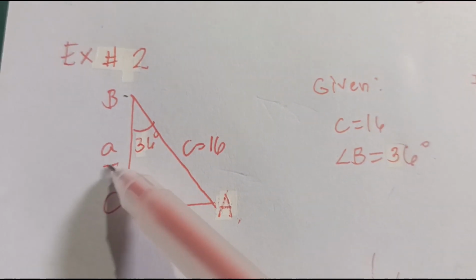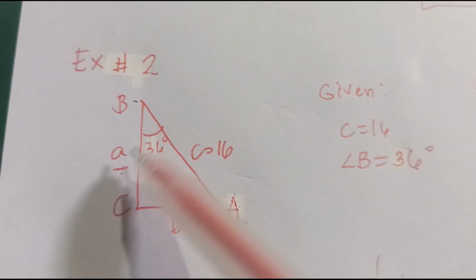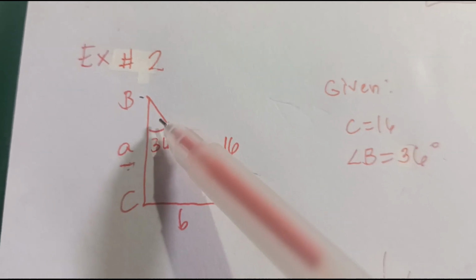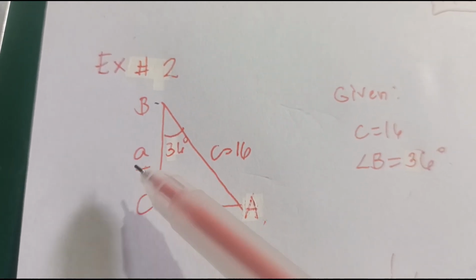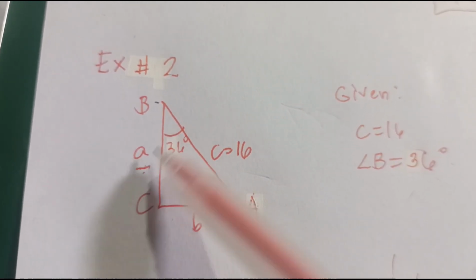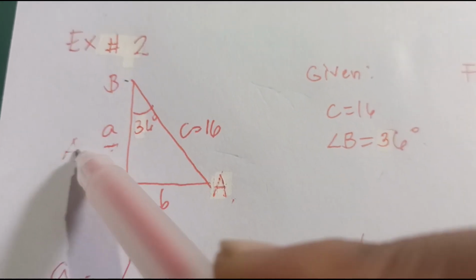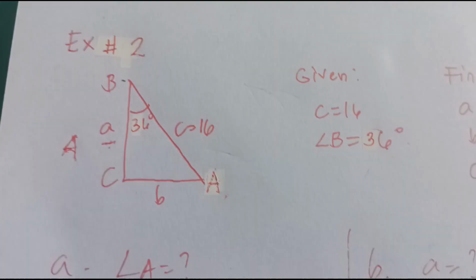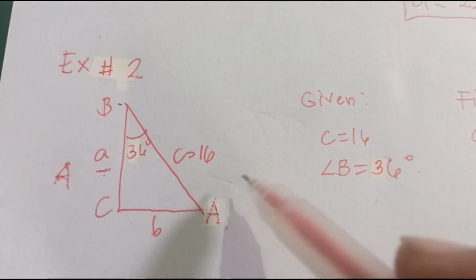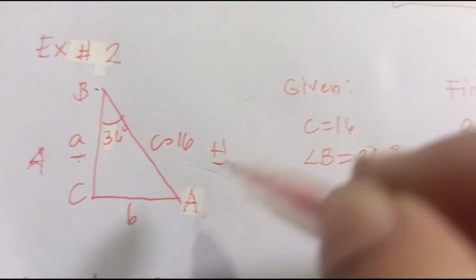Here, we are going to relate side A to the original given, which is angle B. The relationship is that they are adjacent. And C is always our hypotenuse.